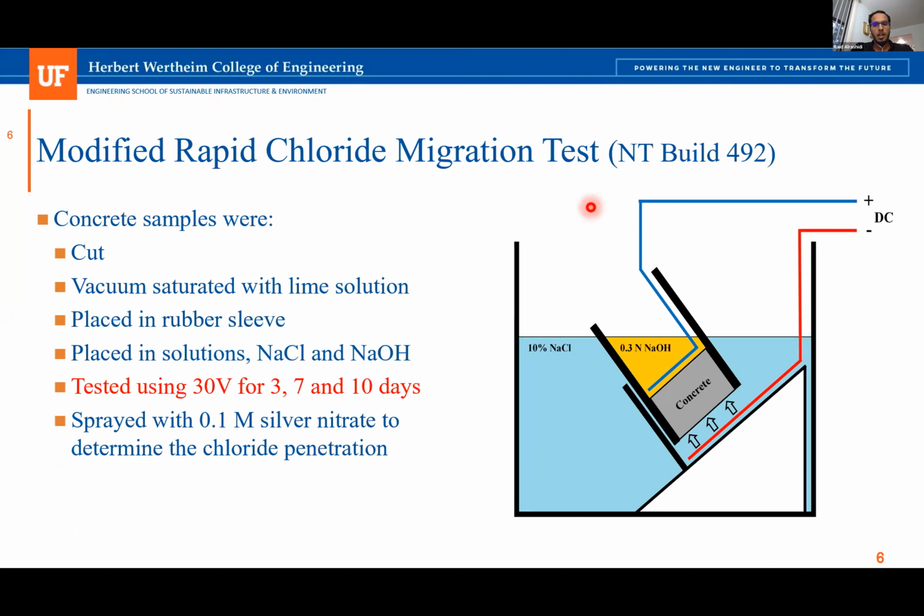For the modified RCM, the samples were cut and then vacuum saturated with lime solution. Then they were placed in a rubber sleeve and placed in solutions, the NaCl and the sodium hydroxide. For normal concrete, it is usually tested up to 2 days.